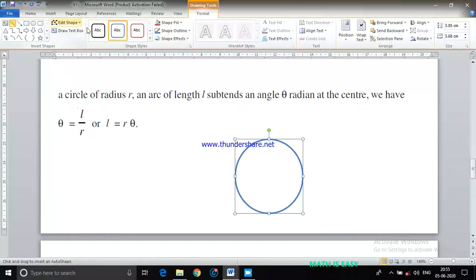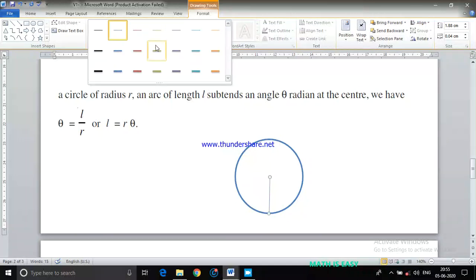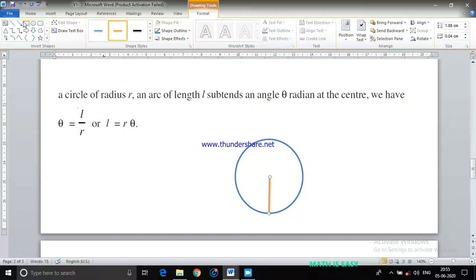Remember, a chord subtends an angle at the center, and an arc subtends an angle at the center. That's what we studied in class 9th, if you remember it. Let me extend this line till here. Okay, so this is an arc length L.